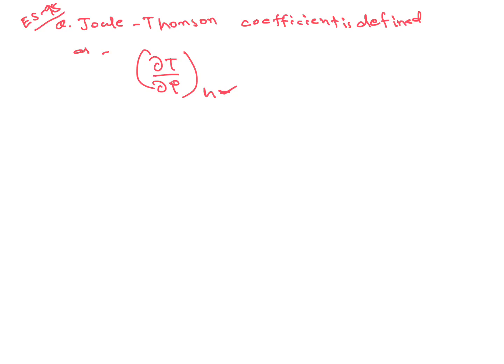Its graph is the temperature versus pressure graph, H is constant. So its answer is dT by dP, H constant.